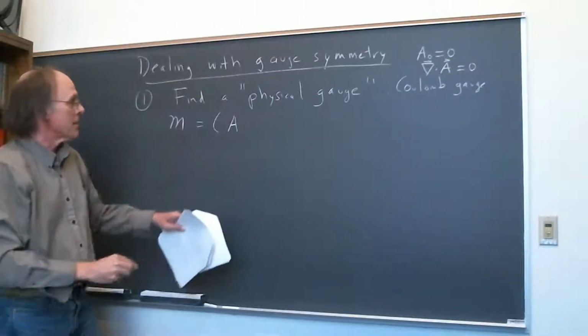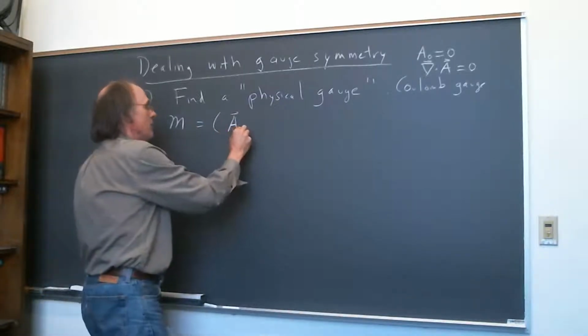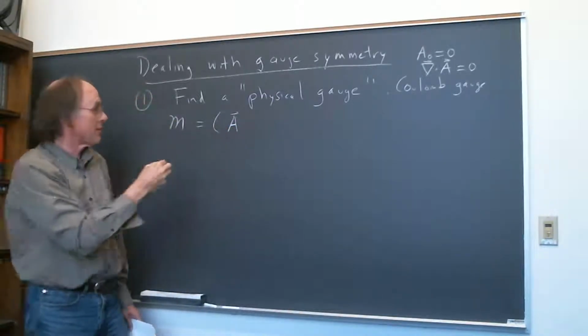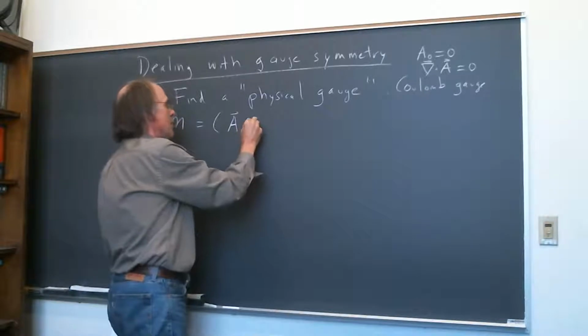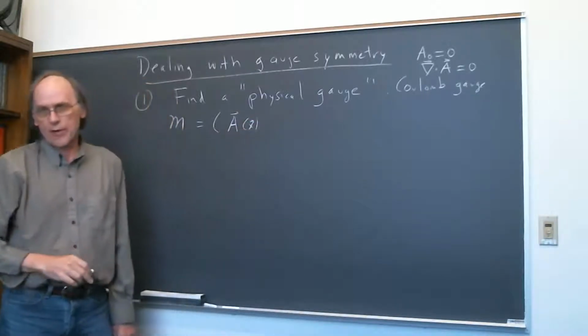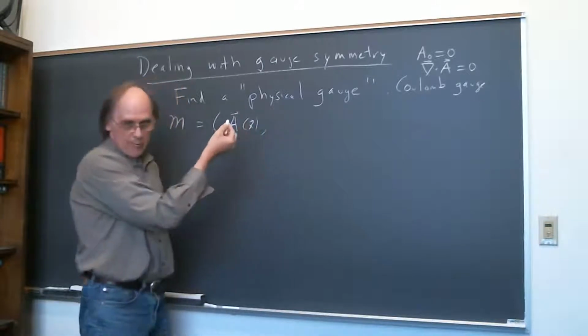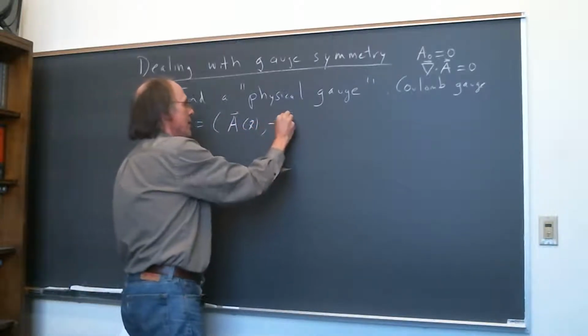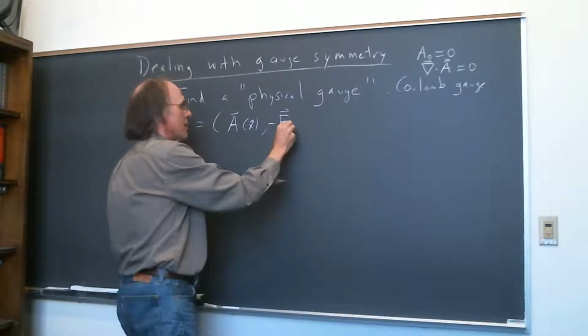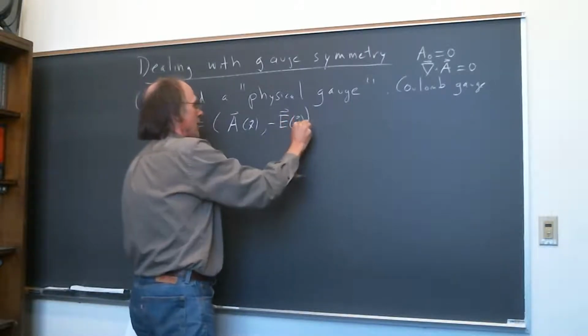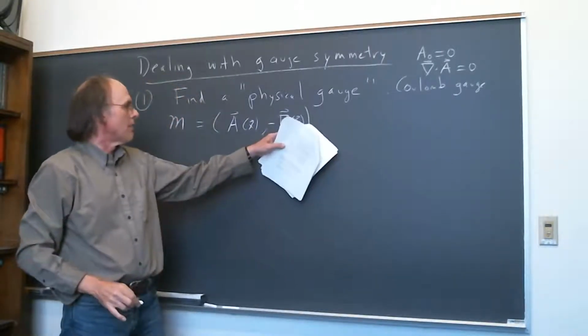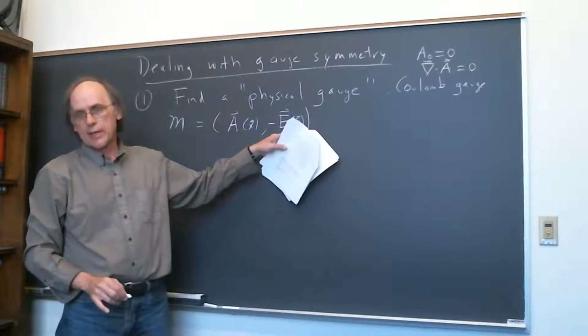What this means is your coordinate degrees of freedom are these vector fields for each x at time 0, and the corresponding momenta are minus the electric field. These are really just the dA/dts.